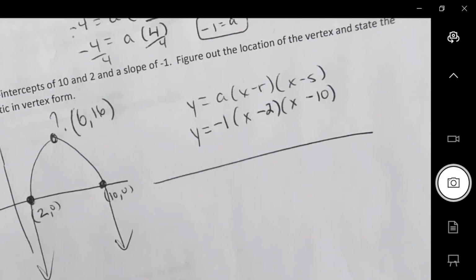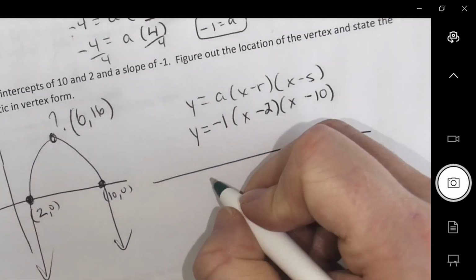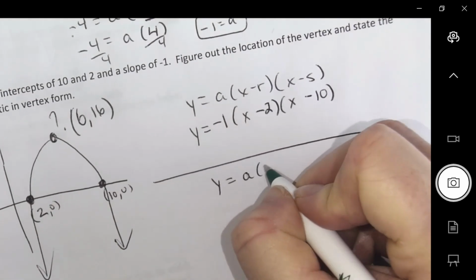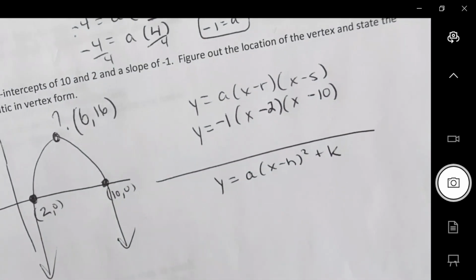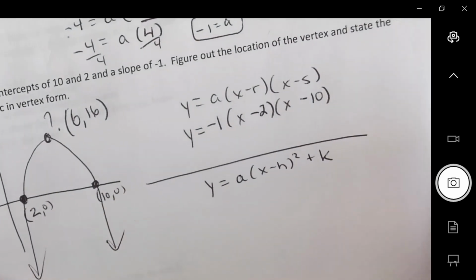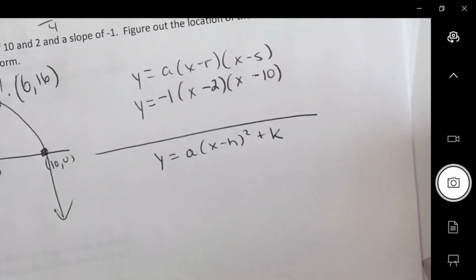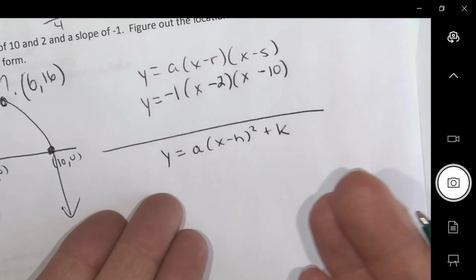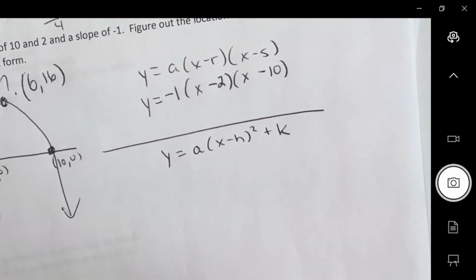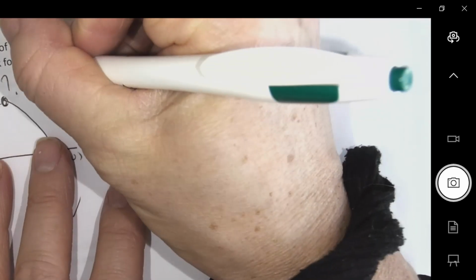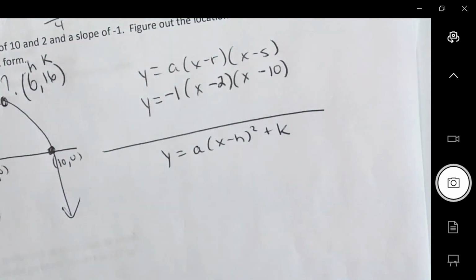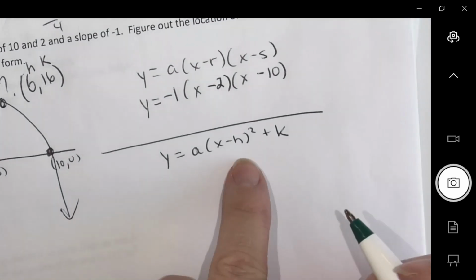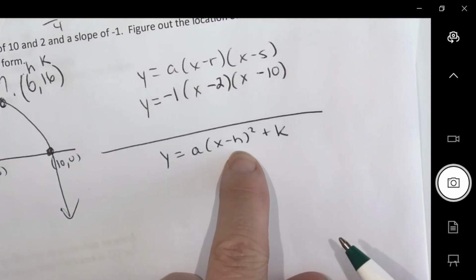Okay, we are now asked to write an equation in vertex form. So this is what I'm looking at, and you will always have a paper that shows you that formula. It doesn't tell you what to do, but it will show you this formula. So I'm going to put a vertex in for the letters H and K. So the minus H, so I'm thinking opposite.